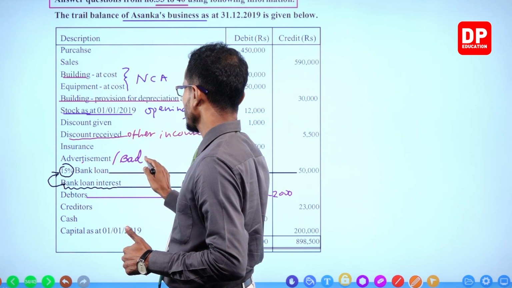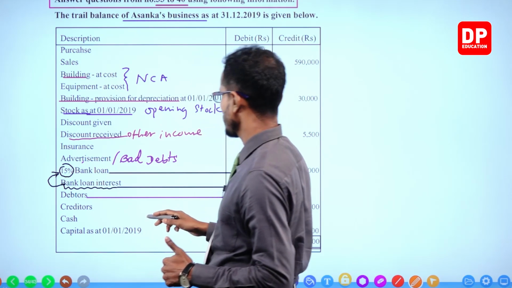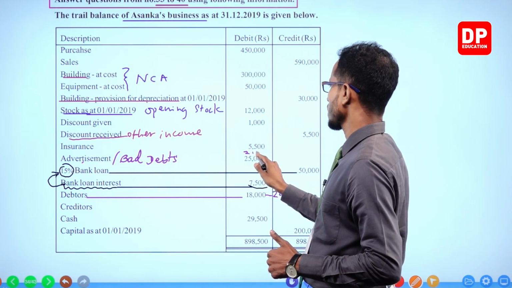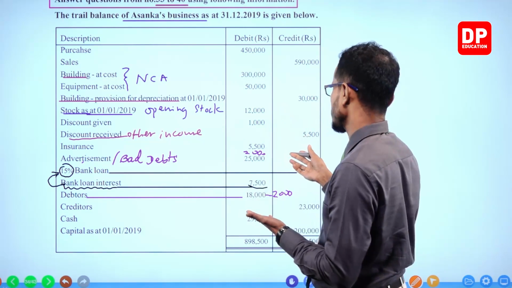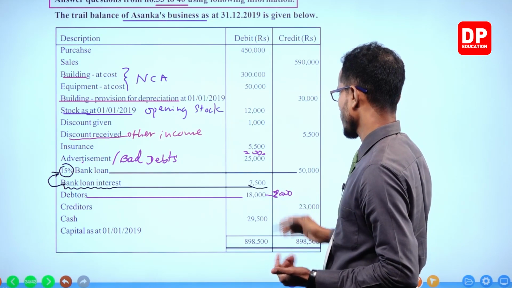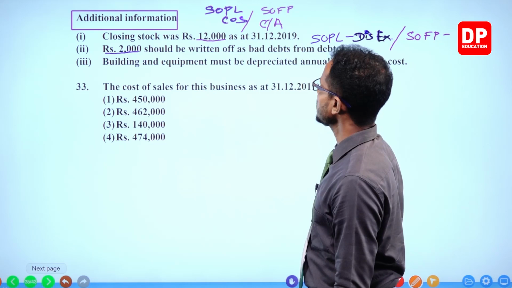There's another expense called bad debts. Bad debts 2,000. Somewhere you have to enter these things, right? From debtors, 2,000 subtract. Got it. Now building depreciation.